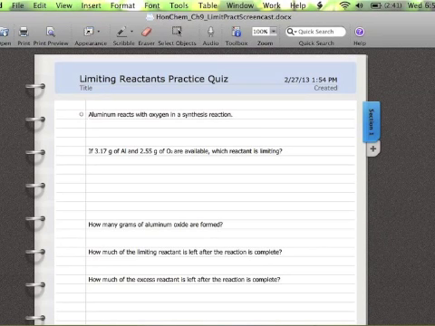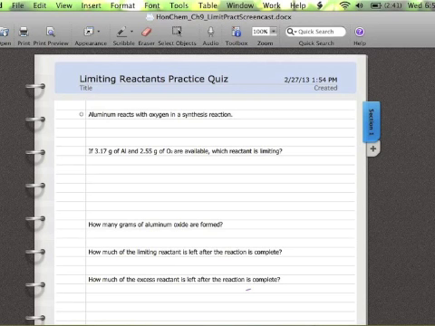So when we do one of these problems, the first thing that you're going to get is the reaction. Before you can do any calculations, you have to come up with the balanced equation. In this particular reaction, we have aluminum reacting with oxygen in a synthesis reaction.